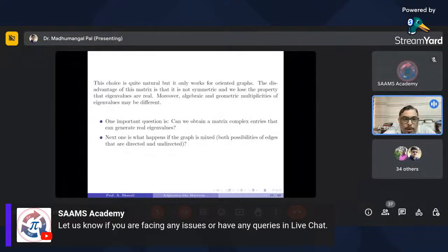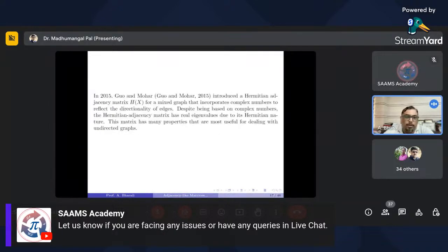And here you can see the one important question that I have already mentioned: can you obtain a matrix with complex entries? Because for real entries it is not possible to generate real eigenvalues. And for a mixed graph, what will be the generalization? So these are the questions in place.